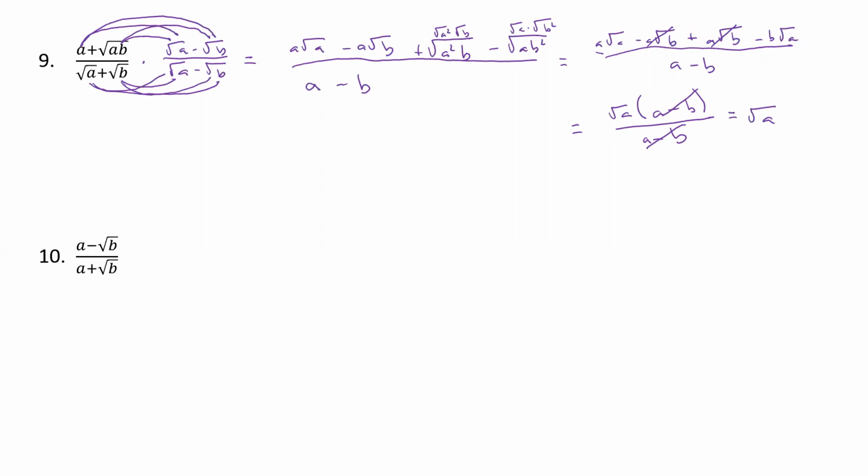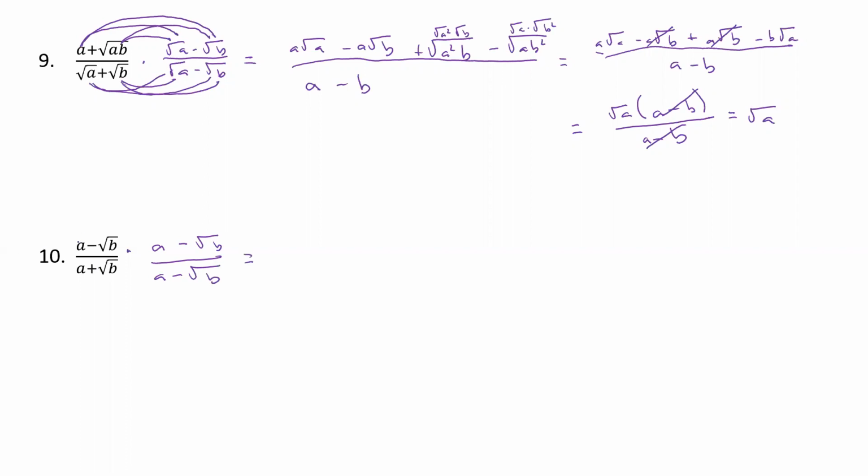All right, so that one was another nice one where we start with a whole bunch of stuff and we end up with just the square root of a. All right, how about this one? Well, we're going to multiply by the conjugate again, so that's going to be times a minus the square root of b over a minus the square root of b.